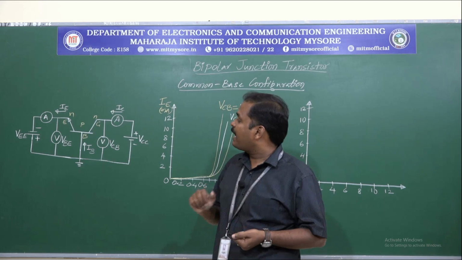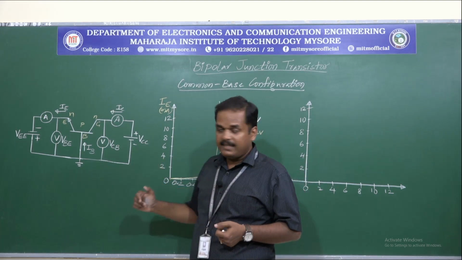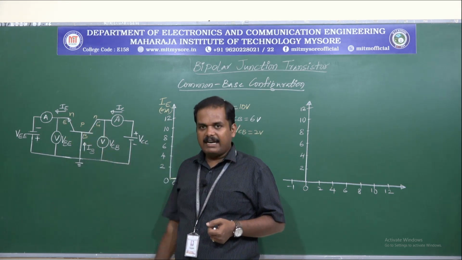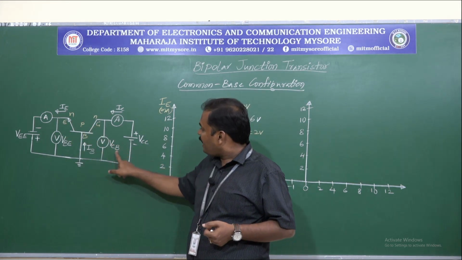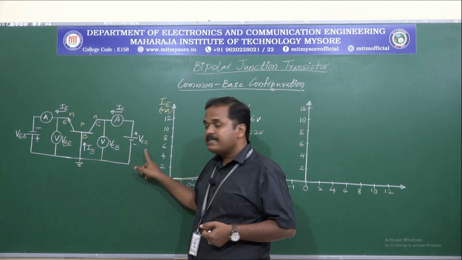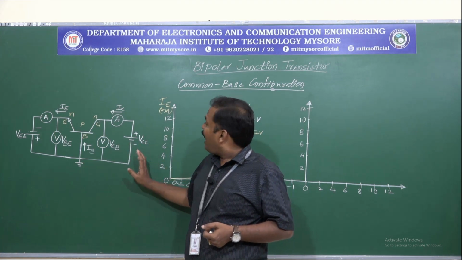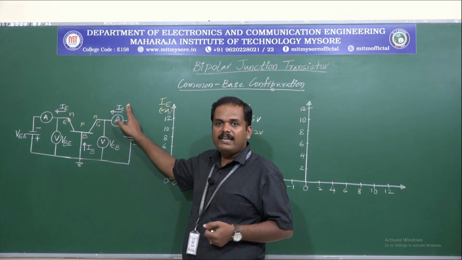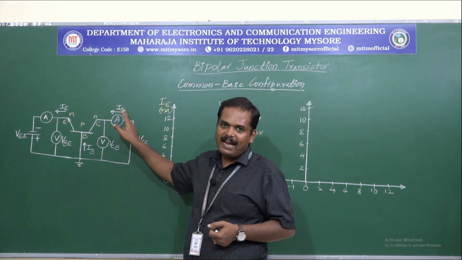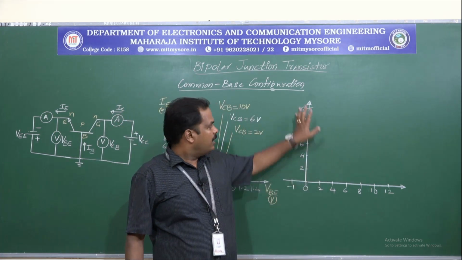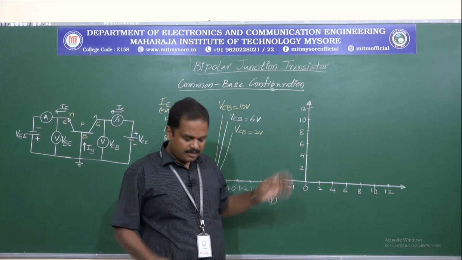So what we do here in the output characteristic is, to determine this, we'll set the input current at a constant level and vary the VCB at different steps by varying the supply voltage VCC, and we'll note down the corresponding variations in the collector current IC, and these will be plotted on x-axis and y-axis.